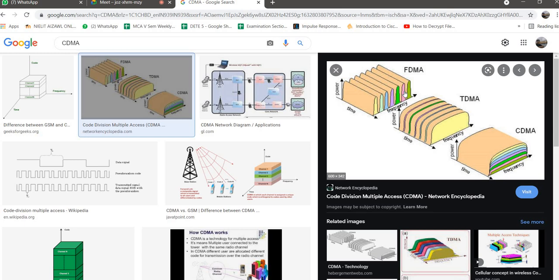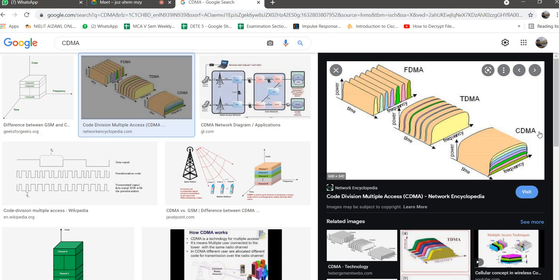But in time division multiple access, in each time slot we have a full allocation of the bandwidth. The full frequency we can utilize in each and every time slot.